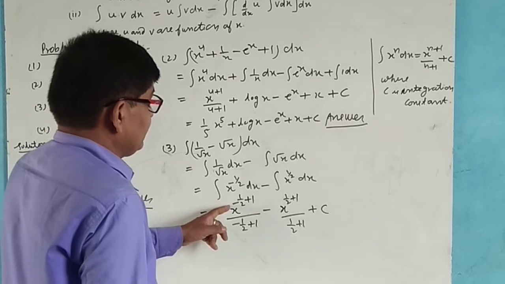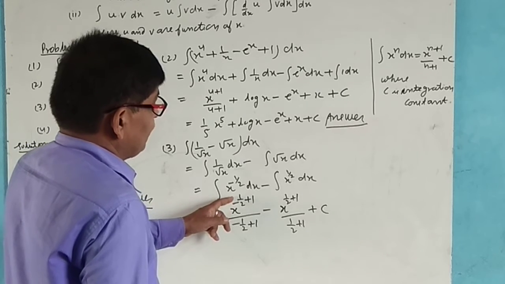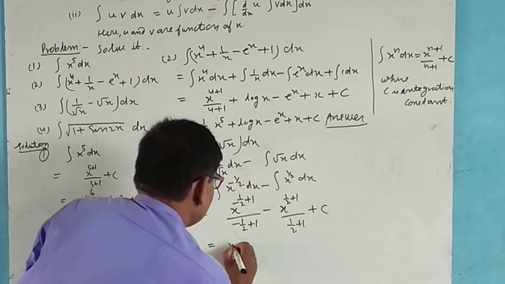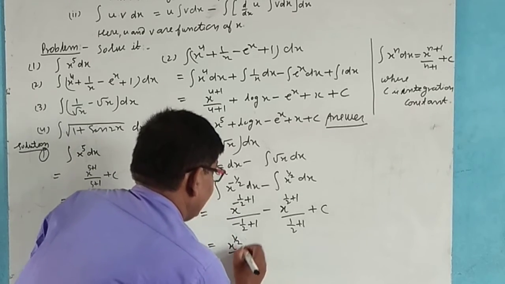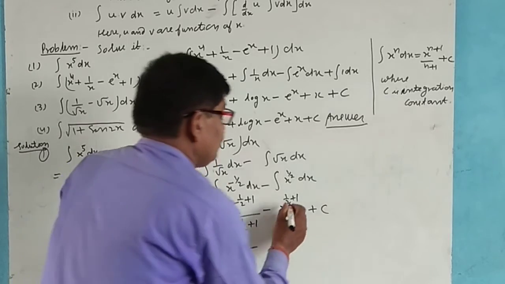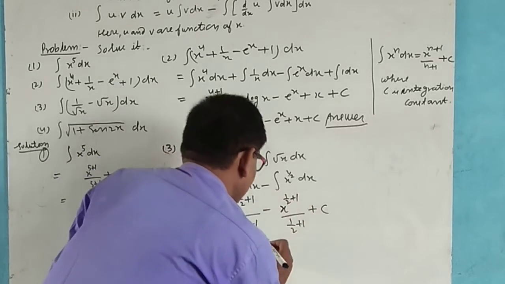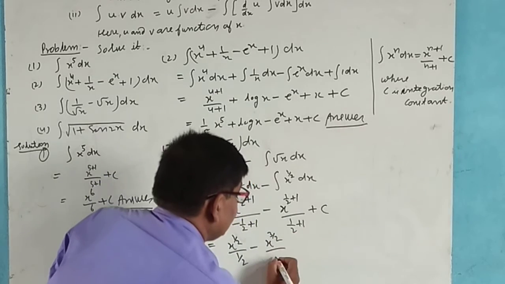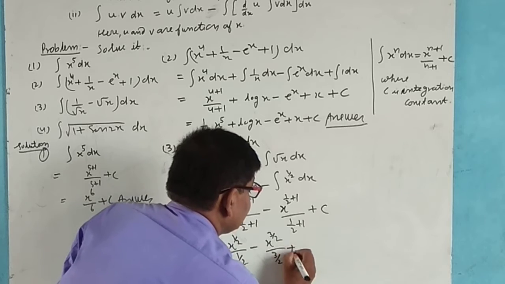Now this can be x to the power half in half, and here also half minus 2, x to the power 3 by 2 divided by 3 by 2, plus c.